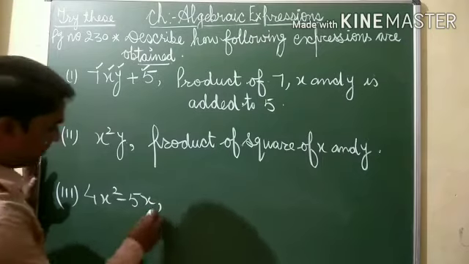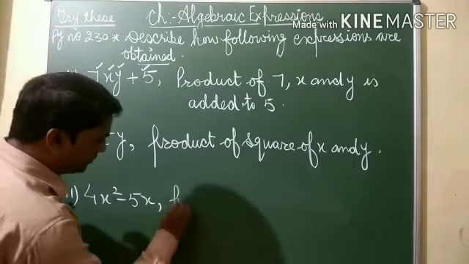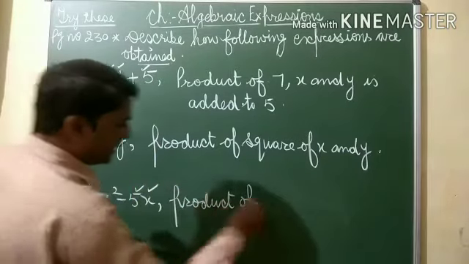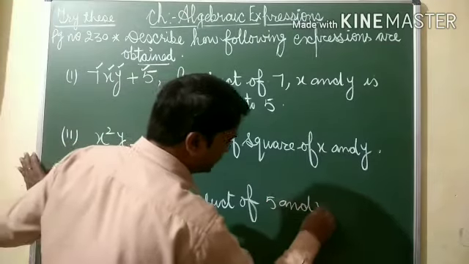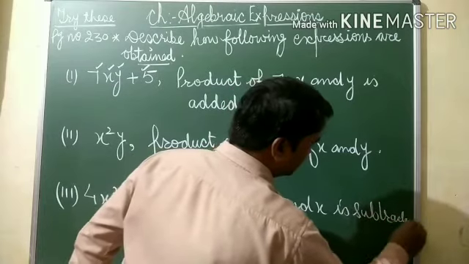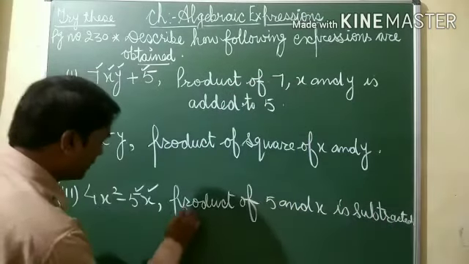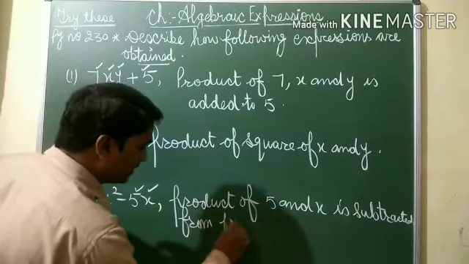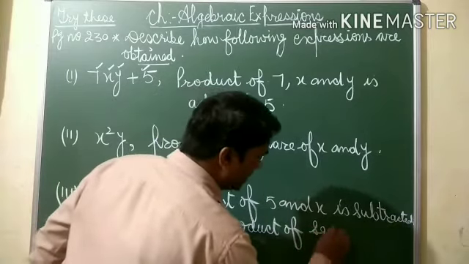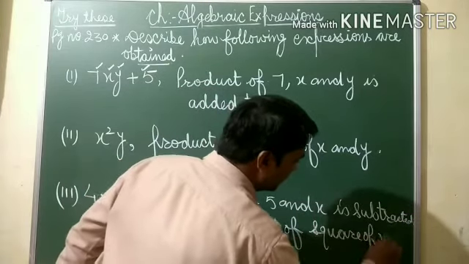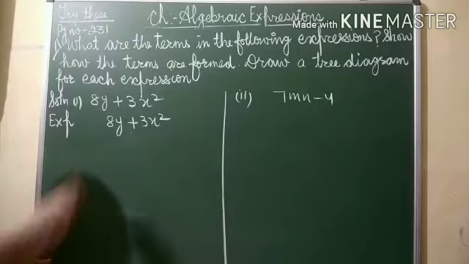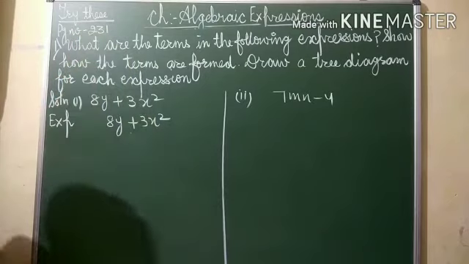This expression can be stated as the product of 5 and x is subtracted from the product of the square of x and 4.